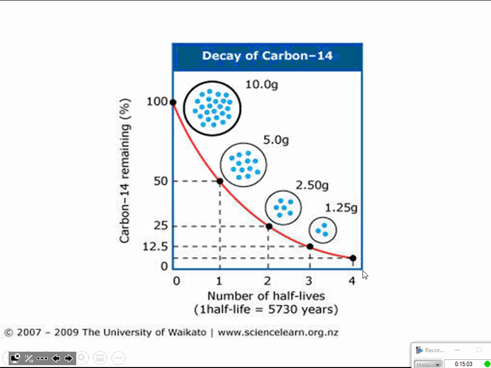Exponential decay. You've probably talked about exponential growth when you were in biology, and that was a J-shaped curve, okay? That was a J-shaped curve that went up exponentially. This one is just the opposite. It is going down exponentially, so we call it exponential decay.